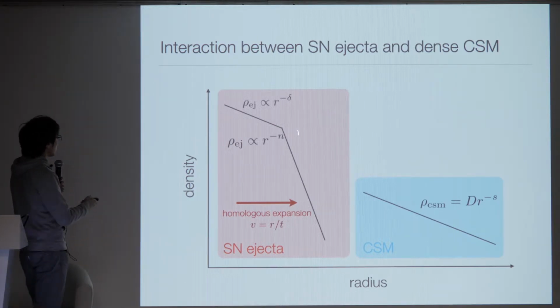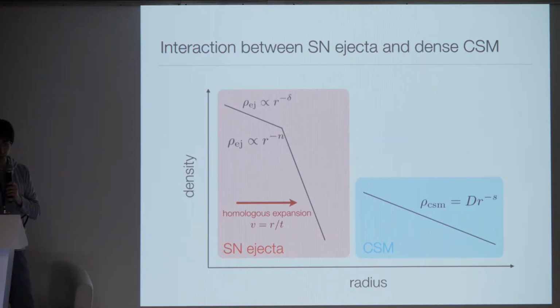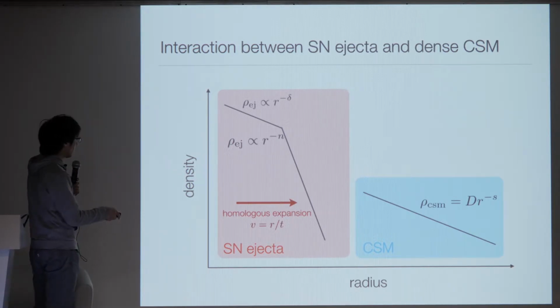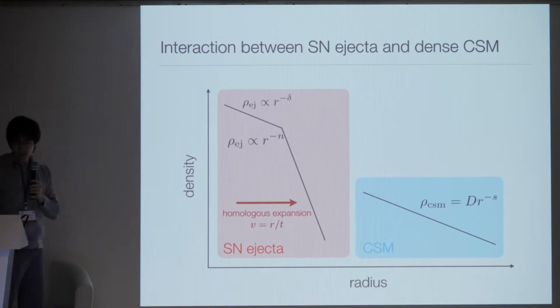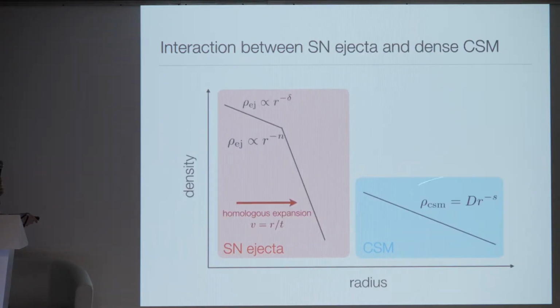There will be supernova ejecta from inside, and dense circumstellar matter, and this collision is making the type 2N supernova bright. So we assume some simple density structure for the supernova, and we assume a power law for the circumstellar matter structure.